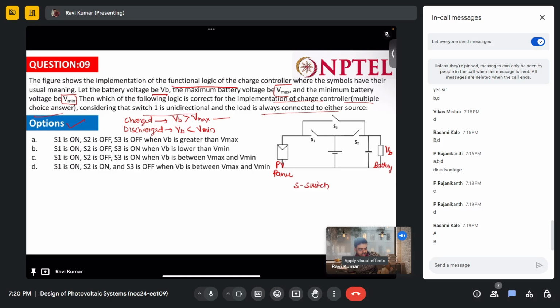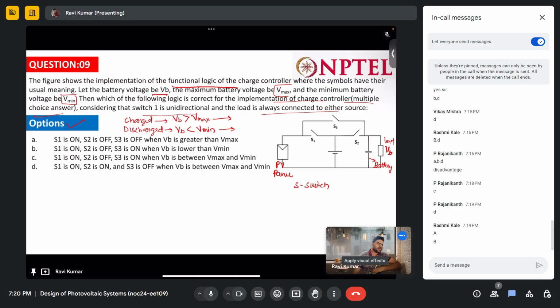So in this particular condition what should be connected? PV module and load. This is the battery, this is the load. When the battery is fully charged, so what do you think?